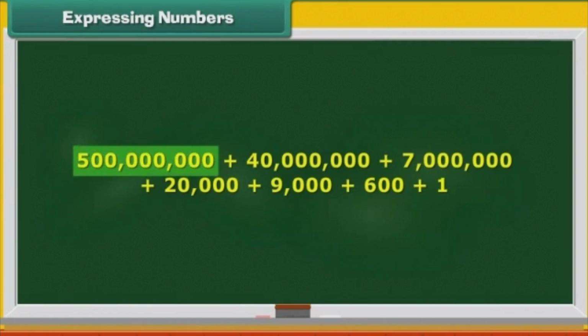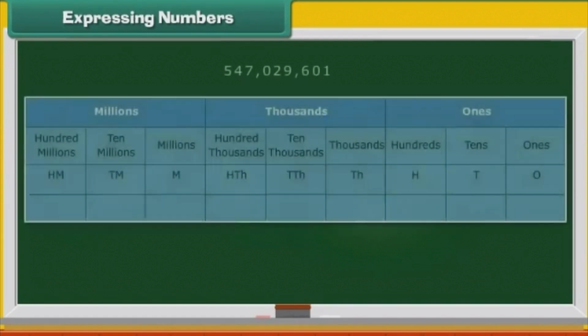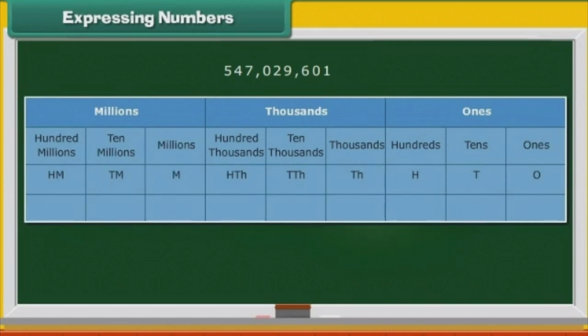50 crore plus 4 crore plus 70 lakh plus 20,000 plus 9,000 plus 600 plus 1. Let us express the number in standard form. The number belongs to the International System of Numeration. Therefore, draw the International Place Value chart. Let us look at the terms one by one.